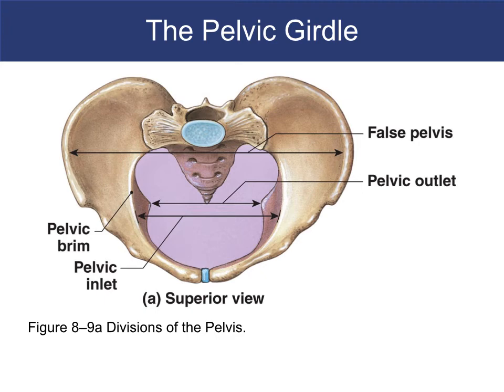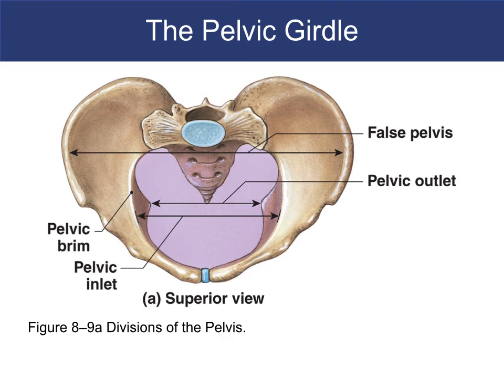It really doesn't count. The part of the pelvis that really counts and is really important, especially in childbirth, is the true pelvis, which is below this line here called the pelvic brim. This is the pelvic brim right here. This is the false pelvis up there.